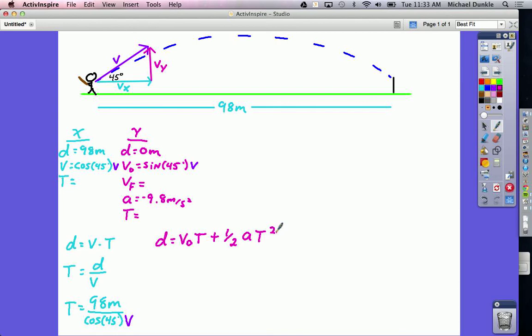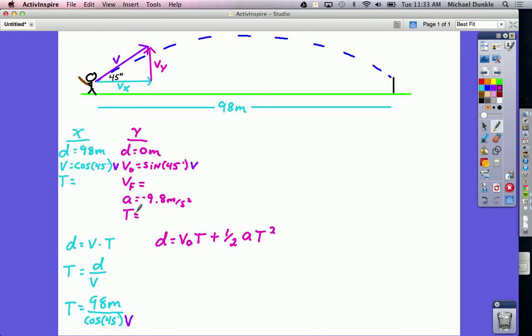What I'm going to do is take what I've found for time in the x direction and plug it in up here in our y equation everywhere we see a time. We can do this because it doesn't matter if we're looking at it in the x direction or the y direction, time is going to be equal.